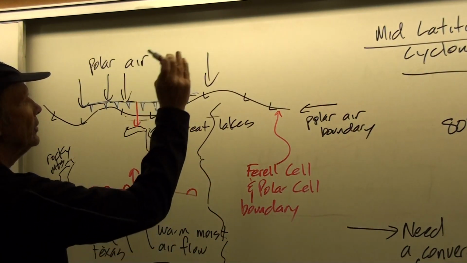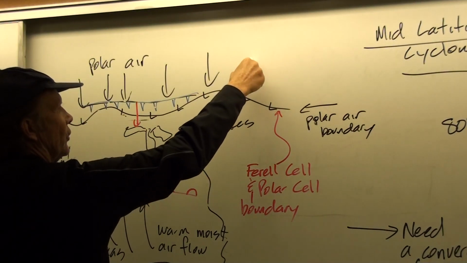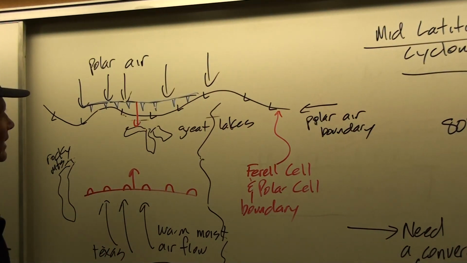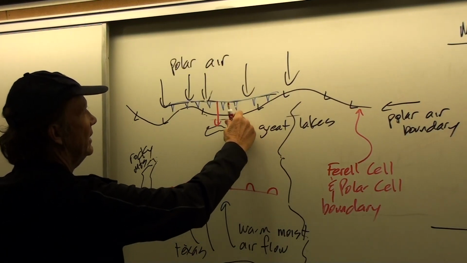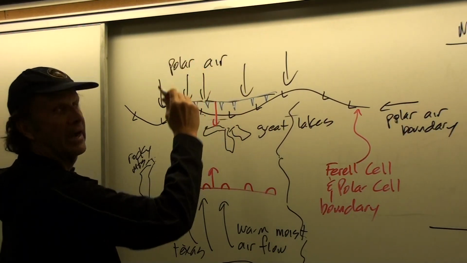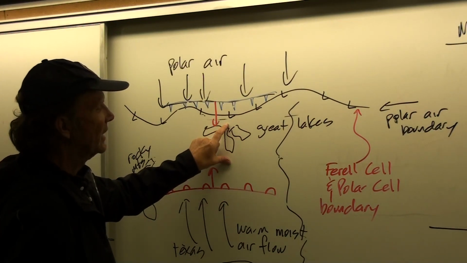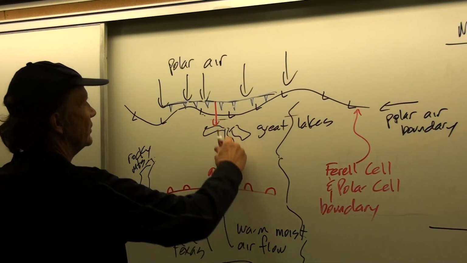And so the polar cell then has air that's coming in from the North Pole, which rises up here, and then the Ferrel cell has warmer air, which is moving up and then rises up in this region of low pressure from the warmer air mass that is associated with the Ferrel cell.